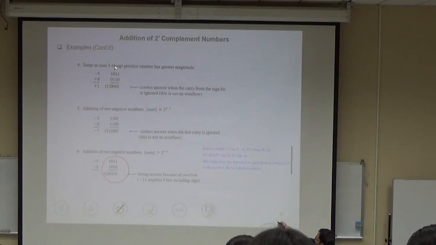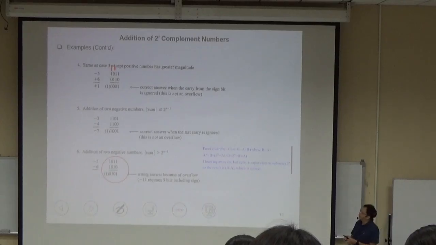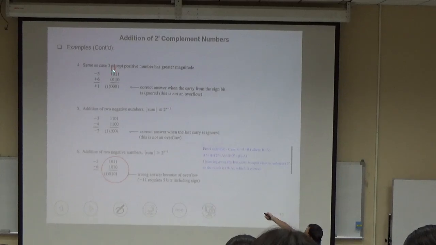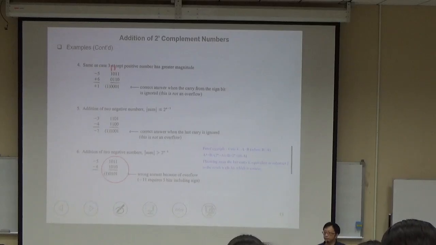So plus 1, plus 1, plus 1 is 0. We have a carry. So we obtain 0 here, and we have a carry right here. And this 1 is a carry, total plus 1, and this is also plus 1. 1 plus 1 is 0, and we have a carry. So 0 here and 1 carry here.